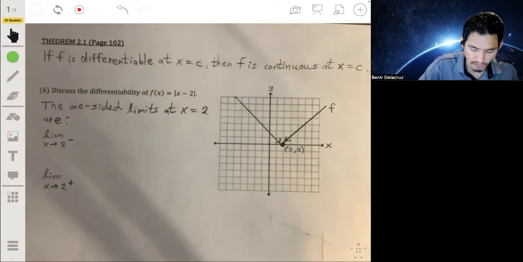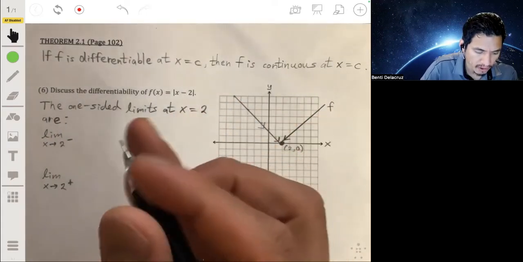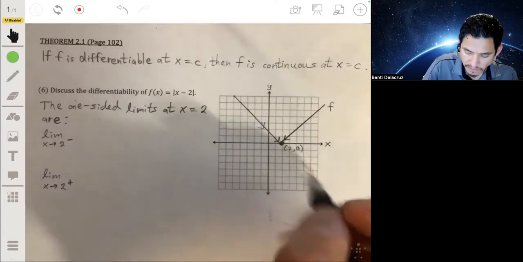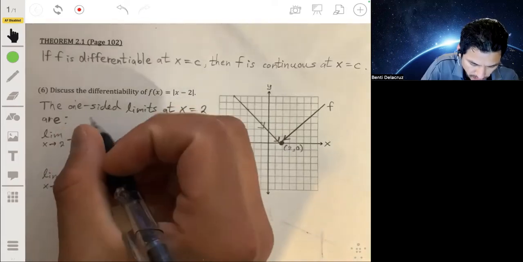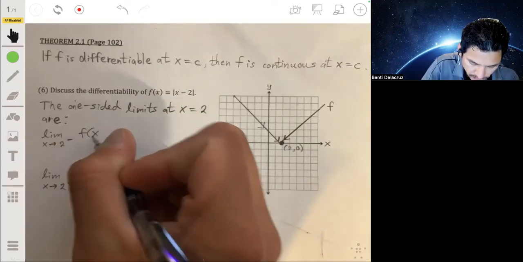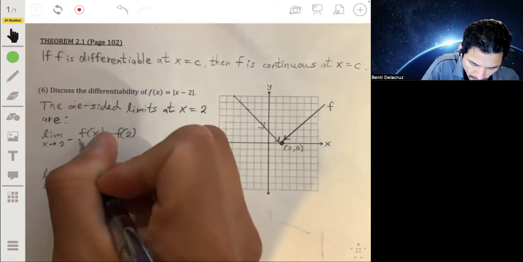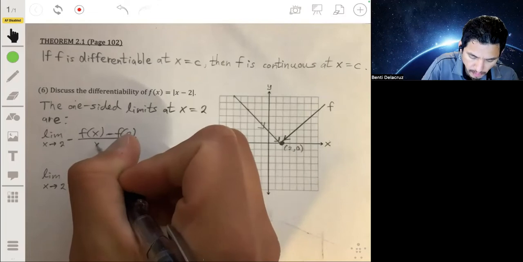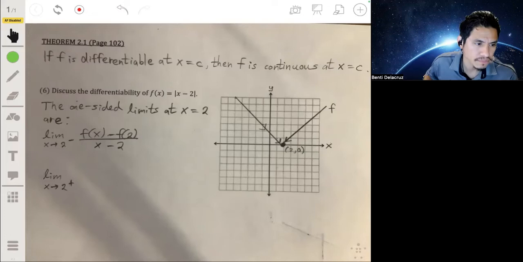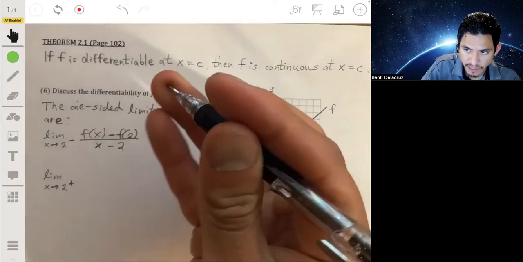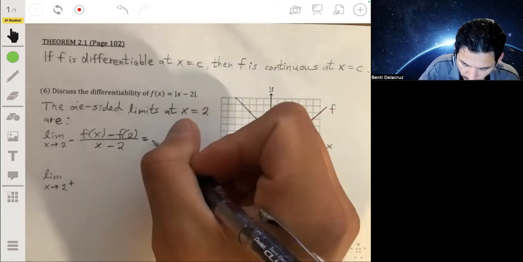So if we're going to calculate the slope coming from the left side, we would find the difference between the function and f of 2: f of x minus f of 2 over x minus 2. Let's write this formally, as we've been doing with calculating derivatives.